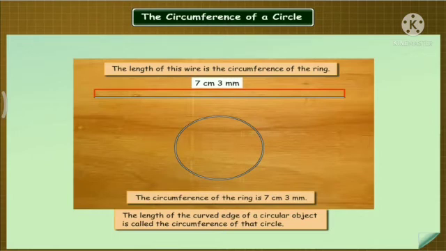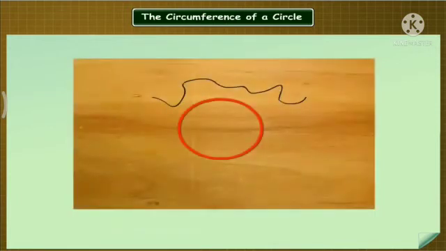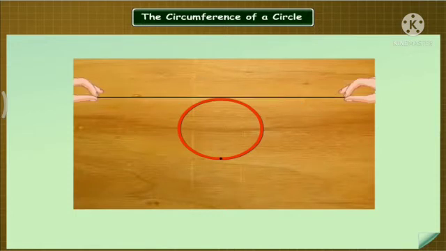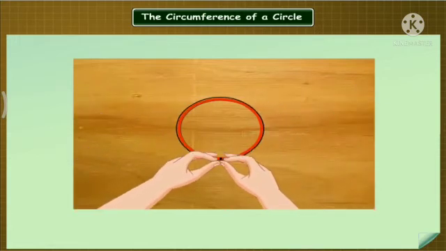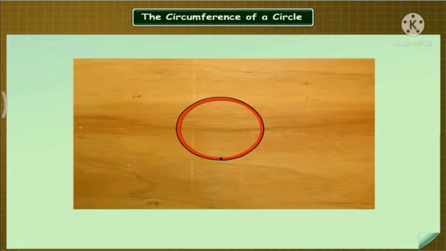Now further we will study how to find out the circumference of a bangle. Now this is a bangle. Mark a point on it. Stick a thread at the point. Turn the thread along the outer edge of the bangle until it reaches the fixed point again. Cut the extra thread.